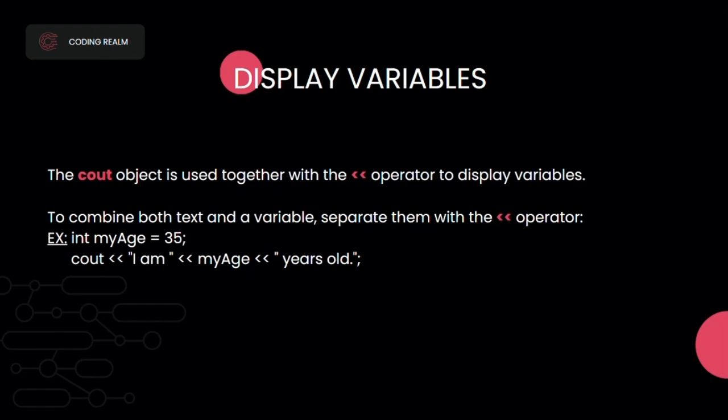Second step, I need to display the age on the screen, myAge, without the double quotes, because it's a variable and I need to display this variable on the screen. I don't write the double quotes in the code, and next years old, and I put a semicolon and I display the age on the screen.